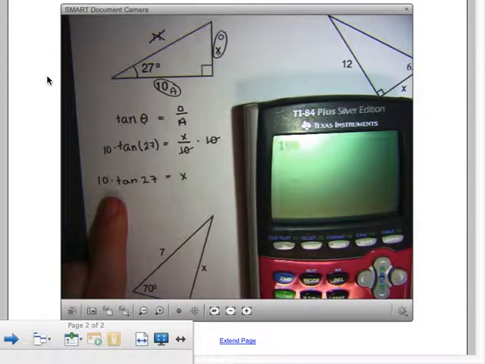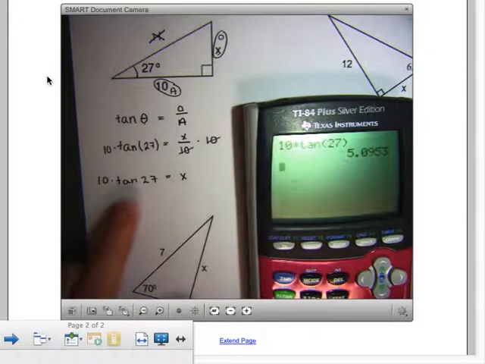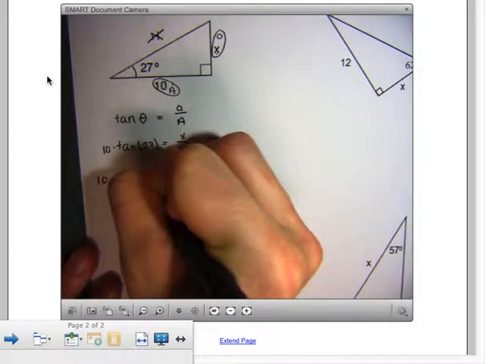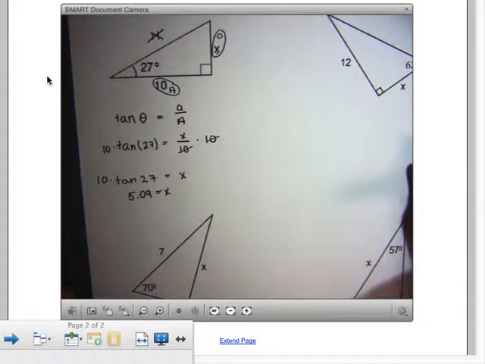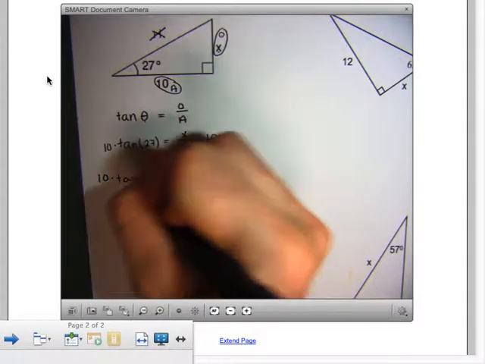So I'm going to have 10 times tangent 27, hit enter. So x, go ahead and round to 2 decimal places. So x is 5.09. And this would be my final answer.